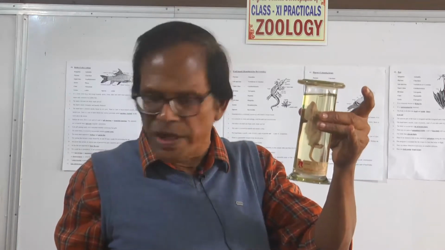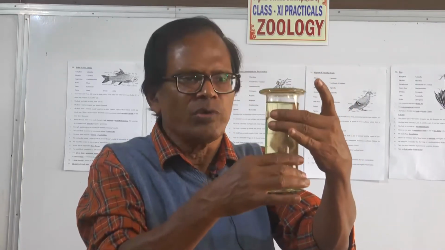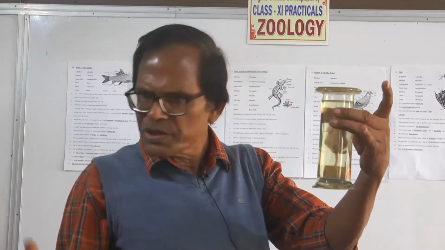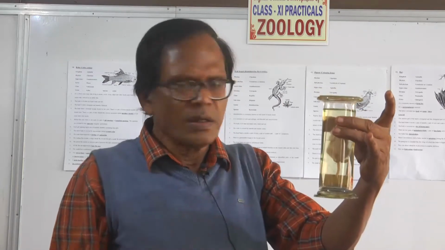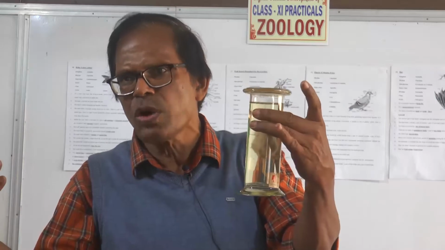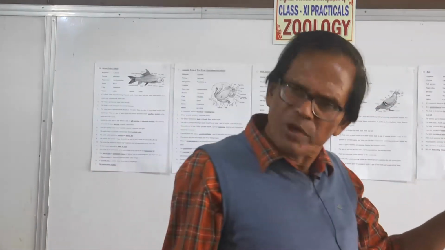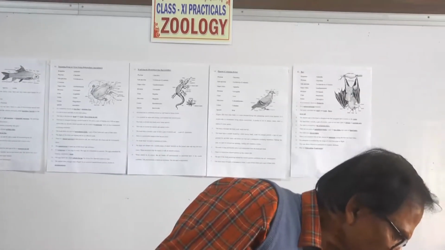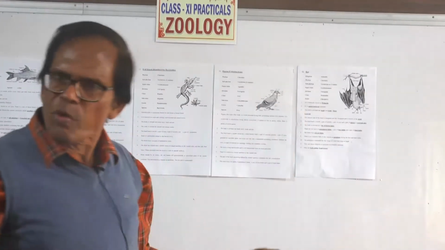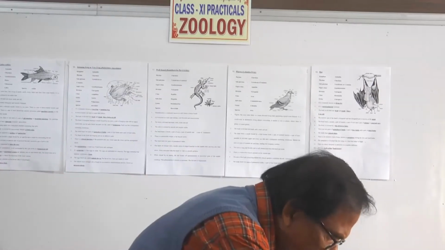There is a pair of external ears. If you turn to the ventral side, if it's a female, you can see the presence of mammary glands. Mammary glands too are present in males, like that of a human, but they are not as prominent as in females.